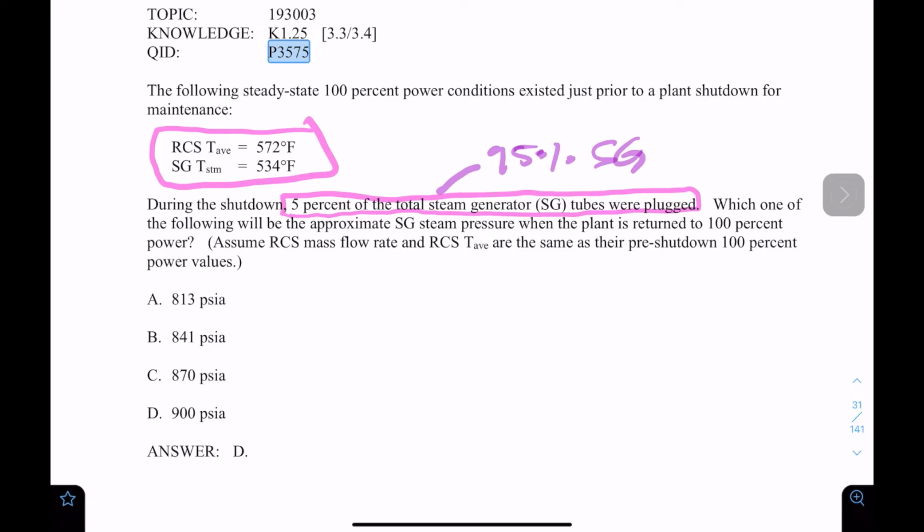Okay, but let's continue with the question. It says, which one of the following will be the approximate steam generator pressure when the plant is returned to 100% power? So it's asking about the steam generator pressure. But we were talking about how the steam generator dictates the heat transfer rate.